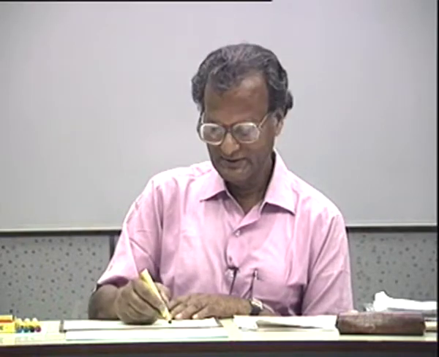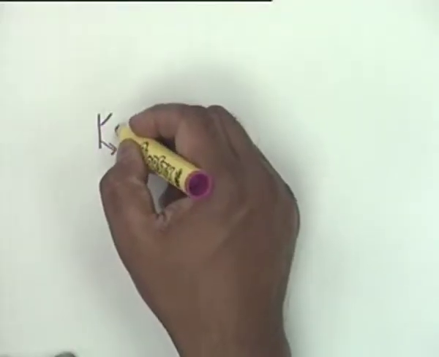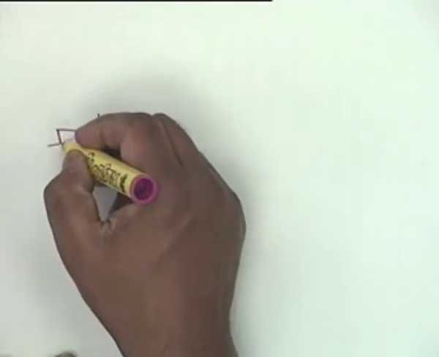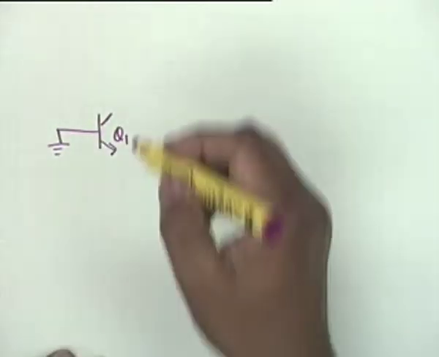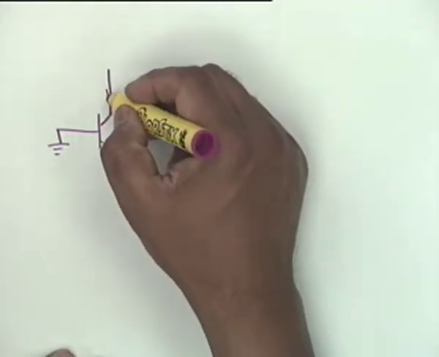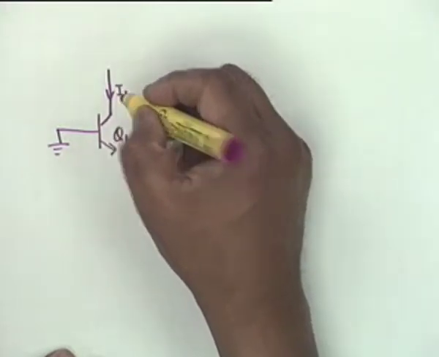You have a transistor Q1 whose base is grounded. All right, the current here is I1.